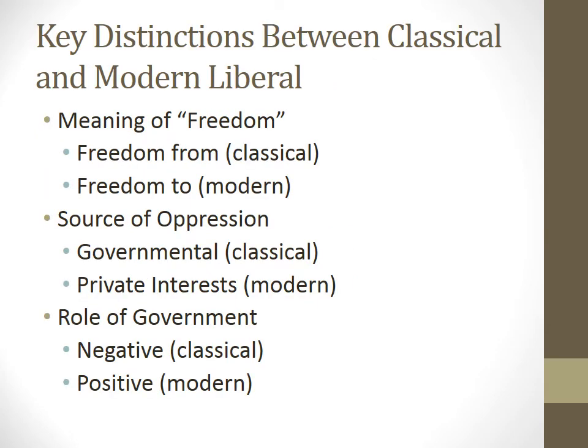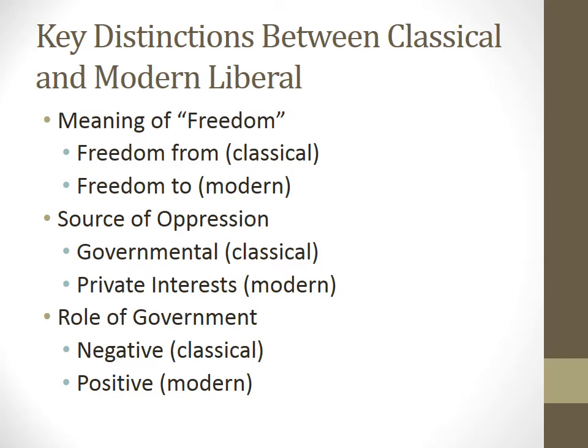So the key distinctions between classical and modern liberals focuses on the meaning of freedom, first of all. Classical liberals basically say negative government, freedom from, and that's what the Bill of Rights, the first 10 amendments to our Constitution, is about: freedom from government intervention into speech, assembly, worship, the establishment of religion, the Second Amendment, freedom to possess firearms, that's a complex issue.